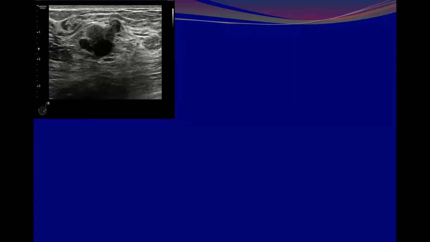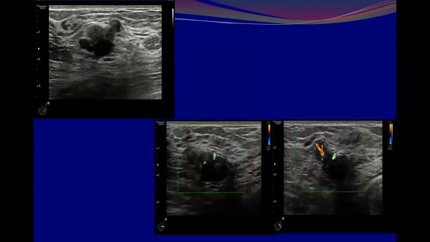And it is complex. So how can you help yourself, looking at these lesions, to make sure this is a cystic part, not solid? A Doppler. Excellent, well done. Then we have to use a Doppler.